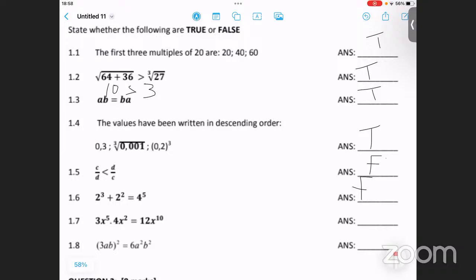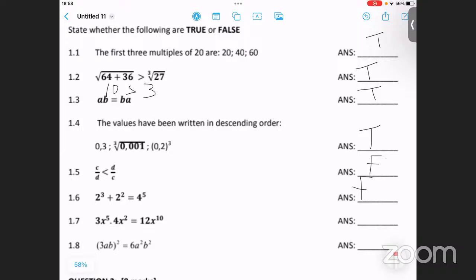Now we're having 1.7. They say 3x to the power of 5 multiplied by 4x to the power of 4 is equal to 12x to the power of 10. It's false, ma'am. Is it?